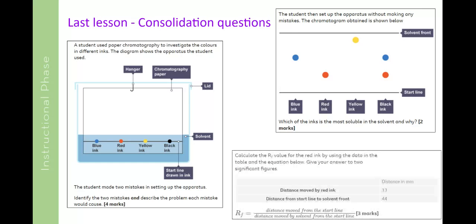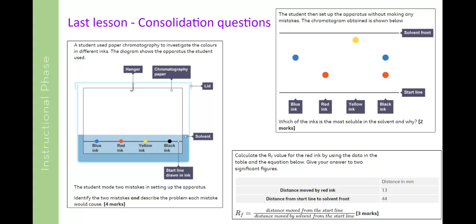And number 3, calculate the RF value for the red ink. It's giving you the data in the table, and it's giving you the equation below. So it says that the distance moved by the red ink was 13 millimeters. The distance moved by the solvent was 44.